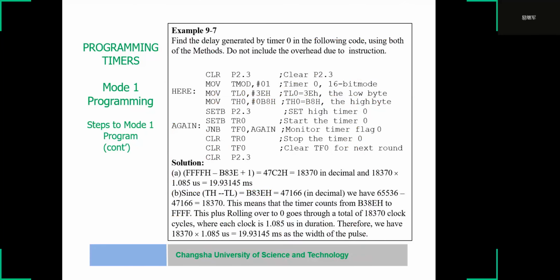Find the delay generated by timer 0 in the following codes. Use both of the methods.